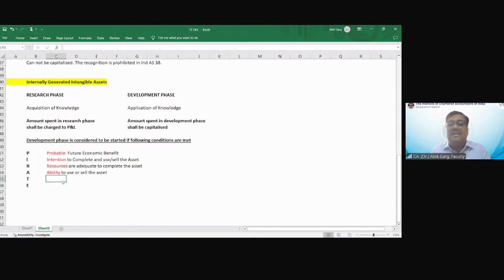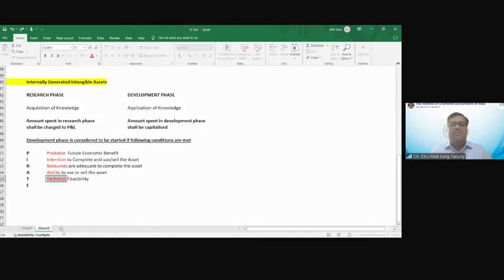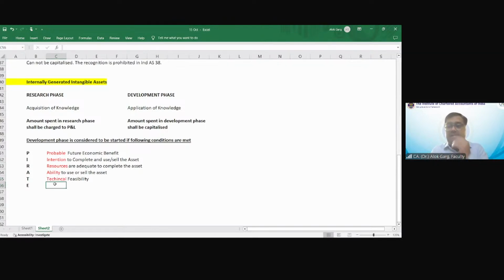T stands for technical feasibility. It must be feasible. For example, a student has decided to pass the CA examinations. He joined CA Foundation and cracked that. He then went to CA Inter and also qualified.